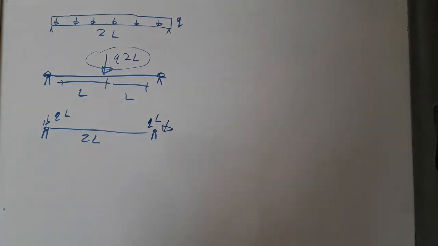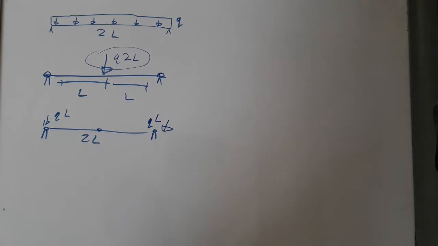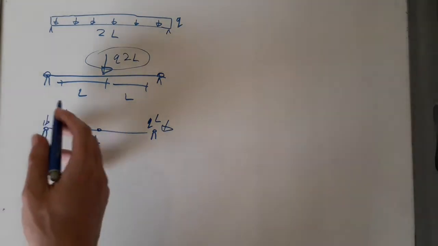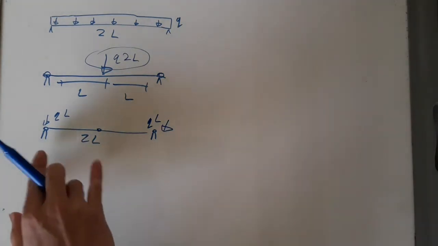But now let's say that we have an extra node here. In other words, two elements. It's the exact same thing, but now instead of working with the loading between the entire length, we just work with the loading for a single element.